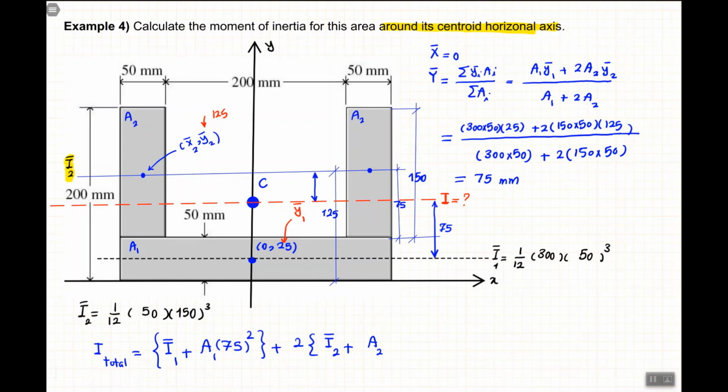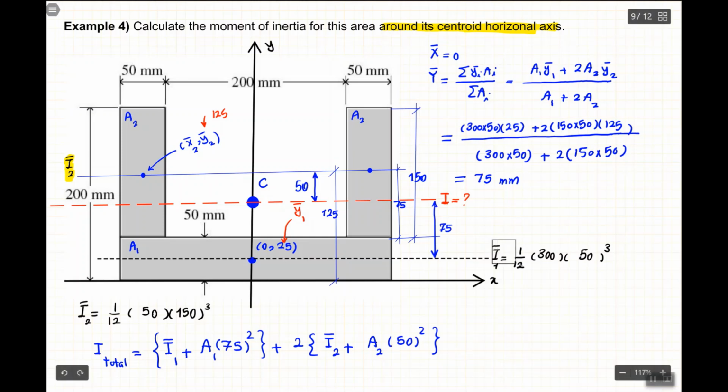Let me make sure: the whole thing from the top to here is 125, and if this one is 75, yes, this distance is 50. So 50 squared. All right, so we have all the numbers that we need.